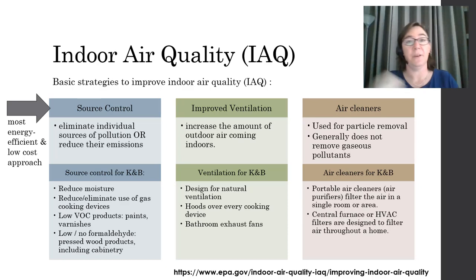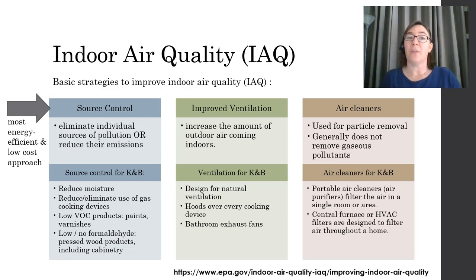And then you don't have to take those pollutants out of the air because they're not even there. Source control for kitchen and bath projects specifically include reducing moisture, reduce or eliminate the use of gas-powered cooking devices, and specifying low VOC and no formaldehyde products.